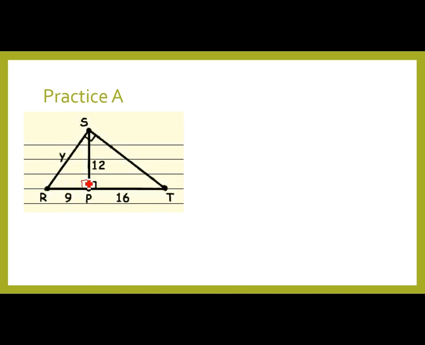So we look at y, and y is either going to be the smallest side of the big triangle RST, or it's the hypotenuse of this little triangle RSP. So we need to figure out what proportion we want to set up.